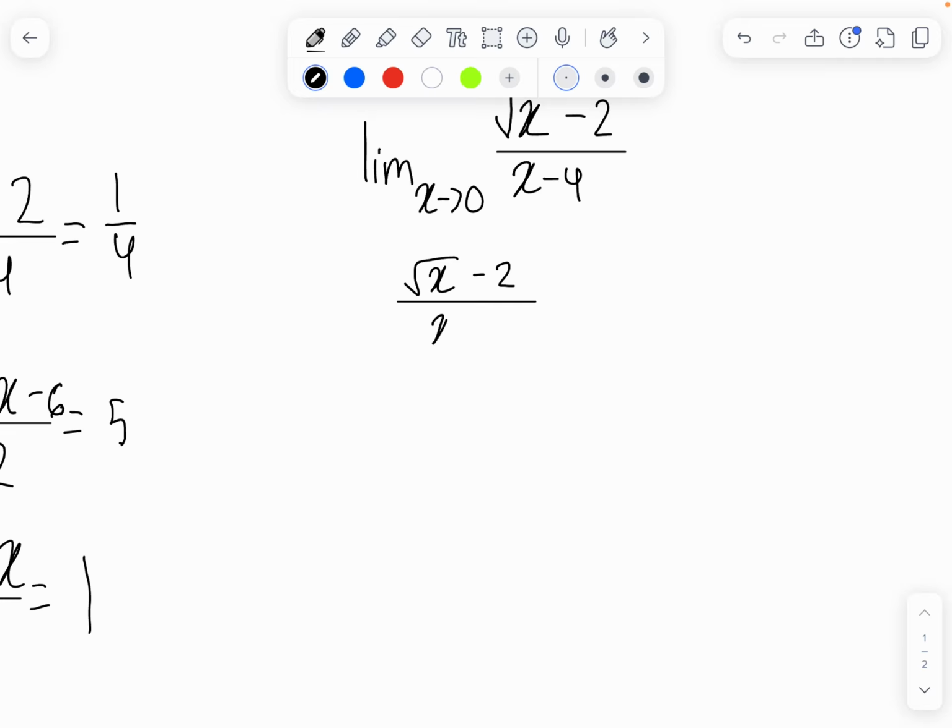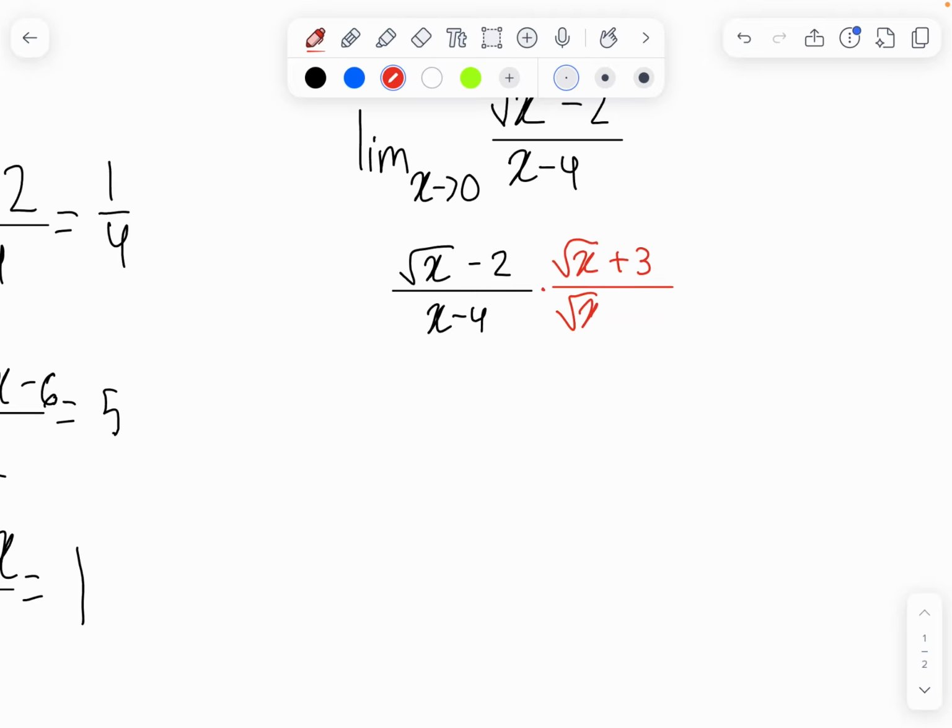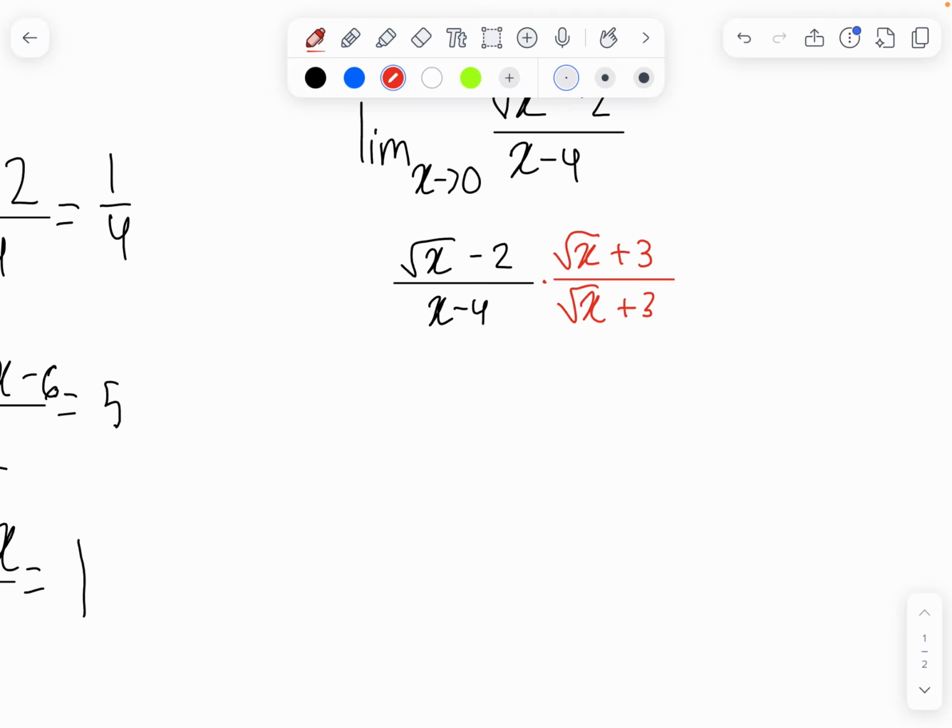So same method as before, we're going to be multiplying the top and bottom by the conjugate. I'm going to write the conjugate in red, so it makes it more obvious: the square root of x plus 2 over the square root of x plus 2.